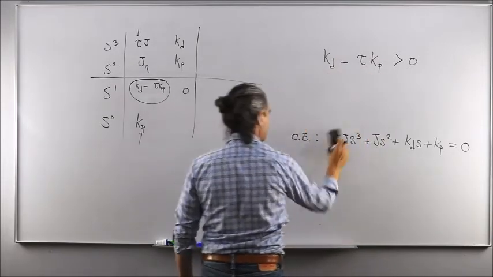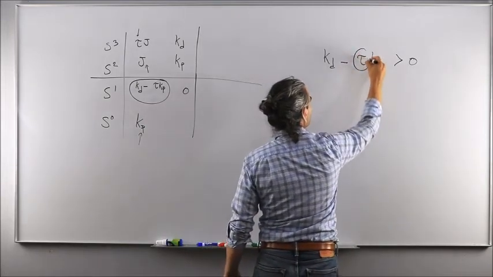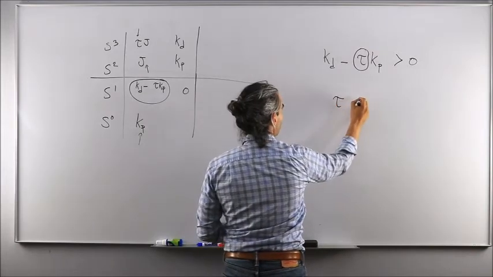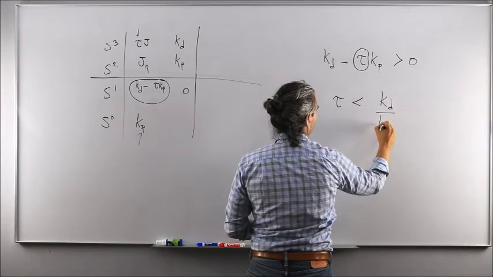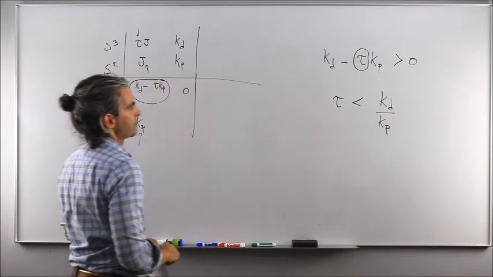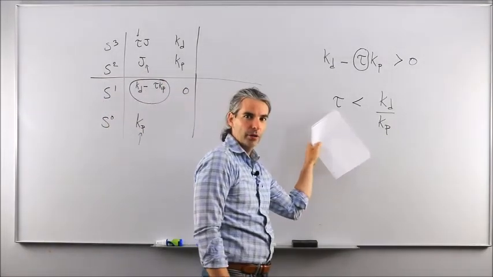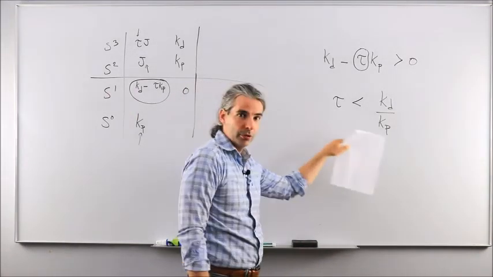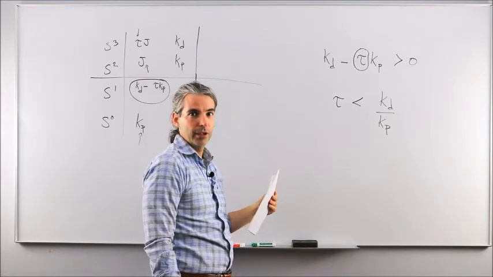So the real constraint here is going to be imposed on tau, the response time of the actuator, which will be: tau has to be less than the ratio of Kd over Kp. Or in other words, you want a response time of the actuator which is fast enough to ensure that it can keep up with the commanded torque as calculated by the modified PD controller.